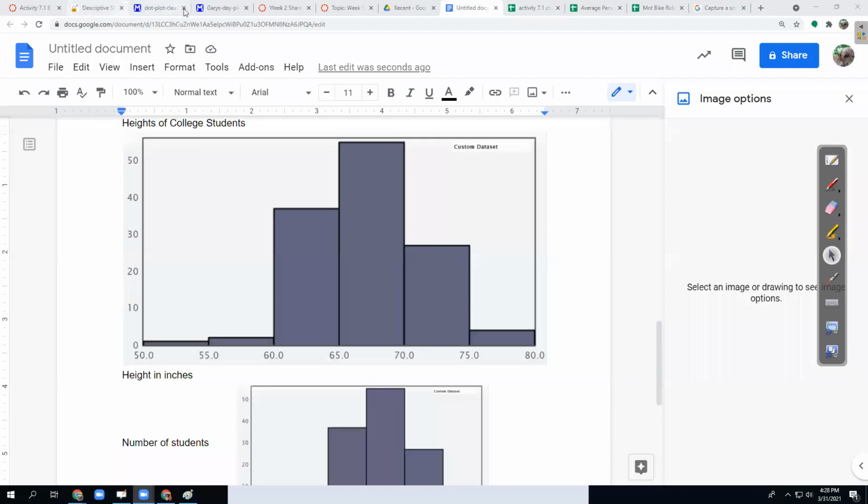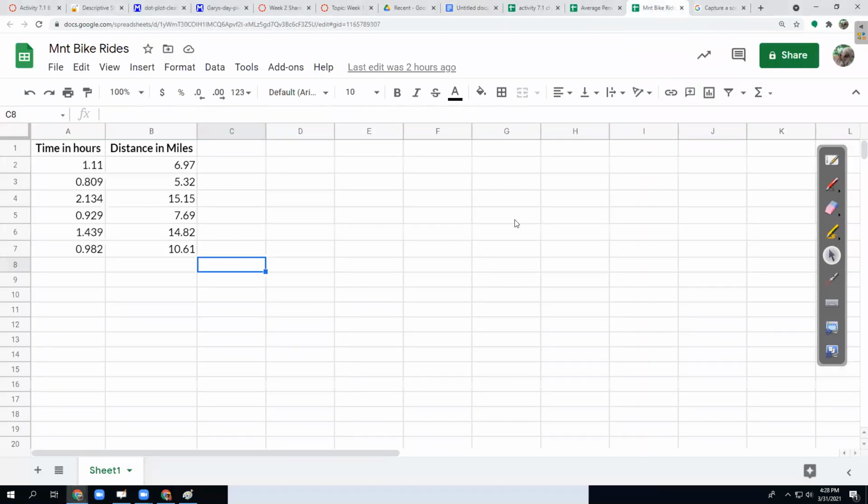So quantitative data, two sets, is what we're looking at next. My first example here is my mountain bike rides.